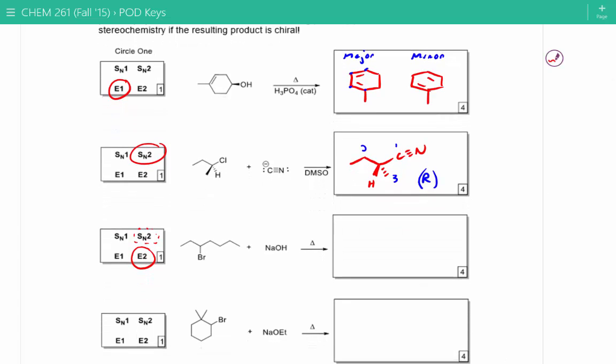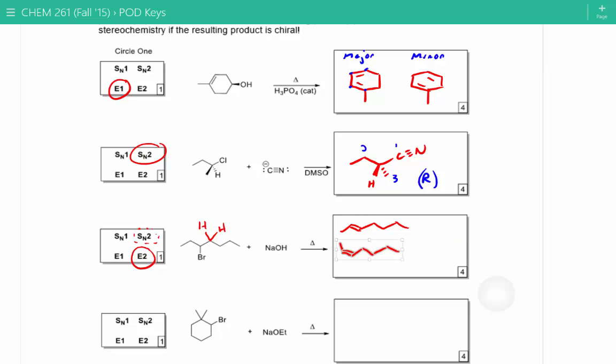And in this case, there's a variety of different products we can get. We've got 2 beta protons here and here. So we might get our trans double bond there, or we might get our cis product there. So those are 2 potential products between that alpha and beta position. And then we also have another set of beta protons here and here.